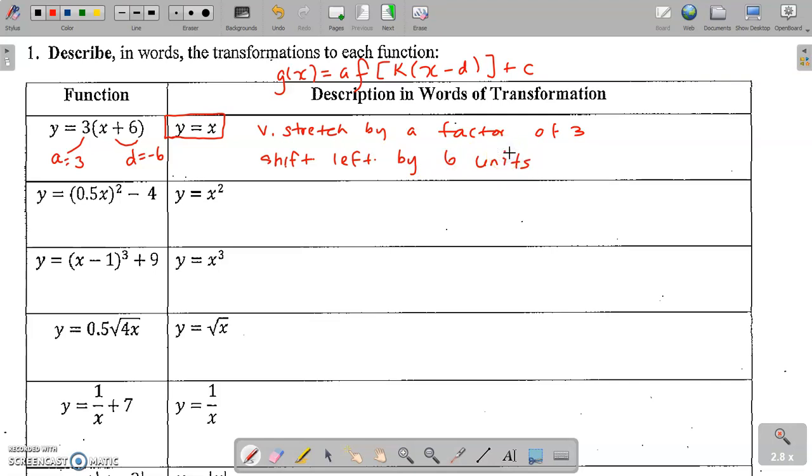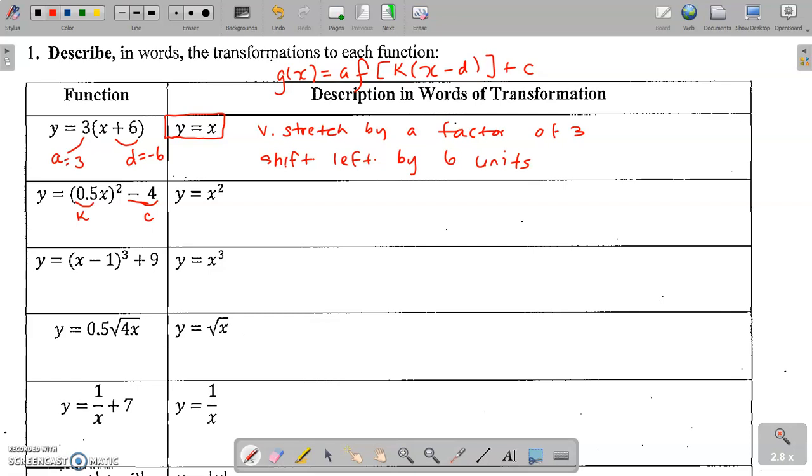So what you should do now is pause the video and start it again once you've finished these descriptions. Maybe the first thing you should do is go through and identify the different transformations. For example, this is your k value. This is your c value. Do that for the others and then start it up again.